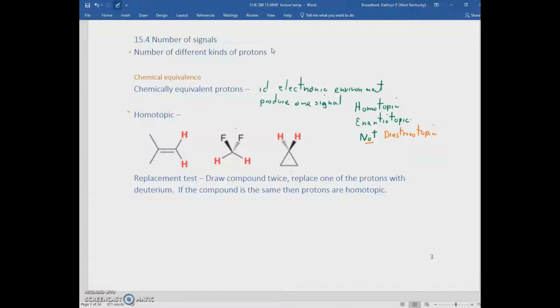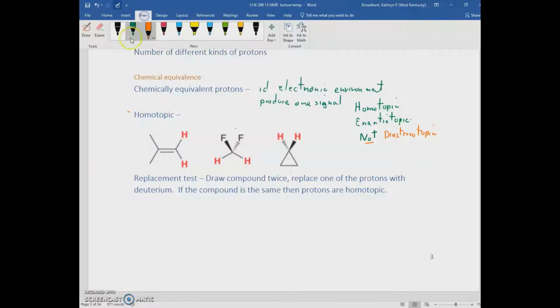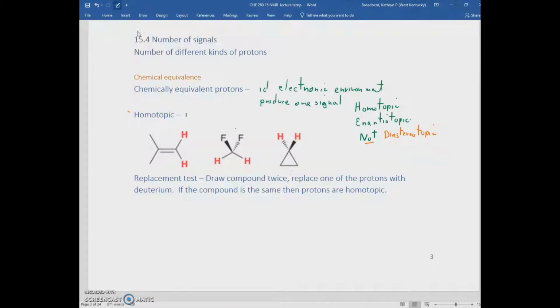First, homotopic. Let's go back to our green. I like green. Okay, so these are chemically equivalent protons. They can be exchanged by rotational symmetry. To tell whether something's homotopic, we can do a replacement test.